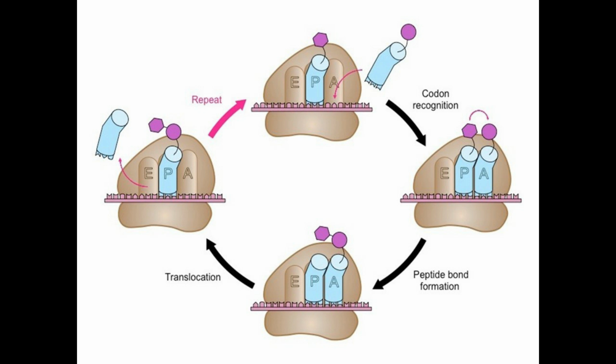So now the new amino acid tRNA will be having 3 amino acids incorporated to it. The tRNA which is now on the P site will be empty. Now the ribosome again moves forward and the process is repeated.